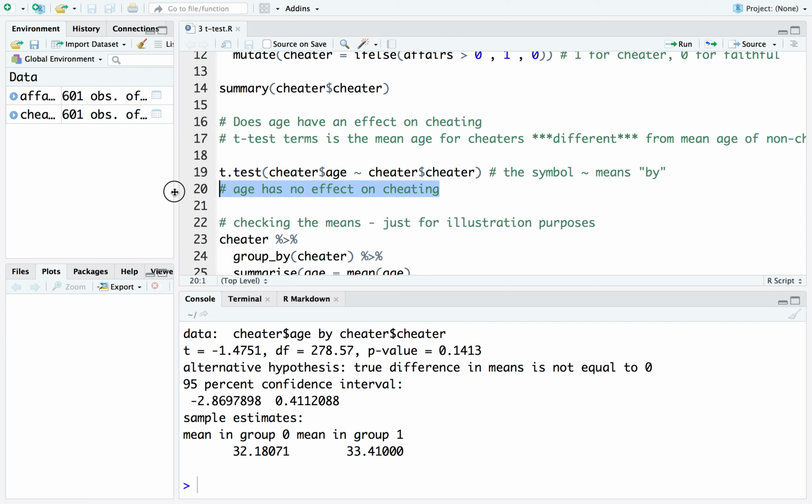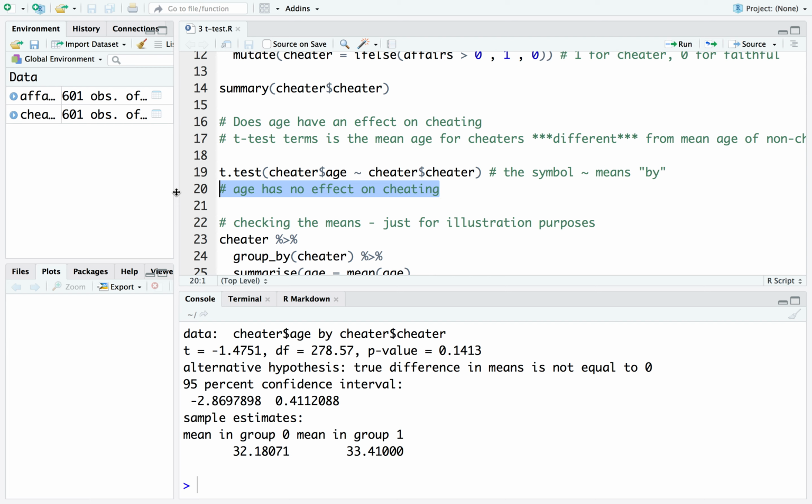We could have just plowed through and said, okay, we retained the null hypothesis, blah, blah, blah. But we should ponder this. If age has no effect on cheating, it means you can't say that this older person must be a cheater, that that's what people do when they get older. No, that's not what this says.